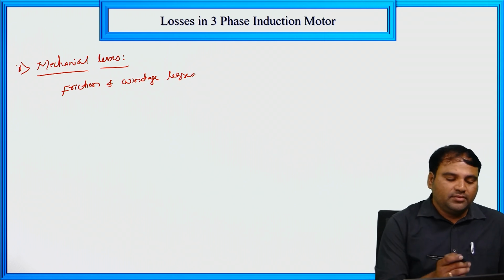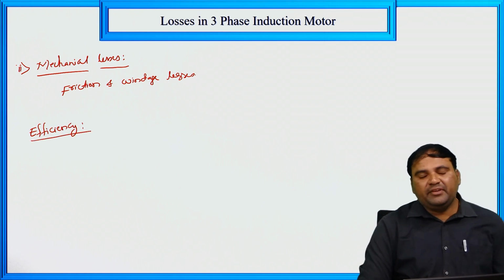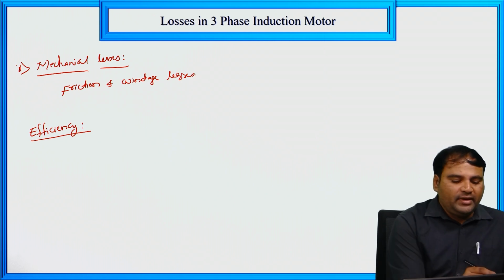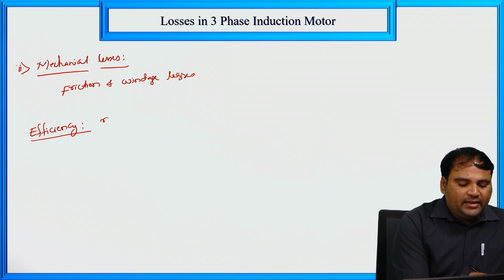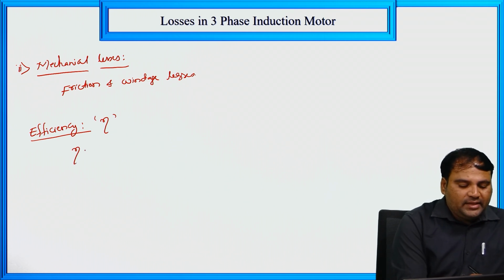Also, we should know about the efficiency. What is meant by efficiency? Efficiency is the ratio of the output power and input power, and it is represented by eta, where eta is equal to P output divided by P input.